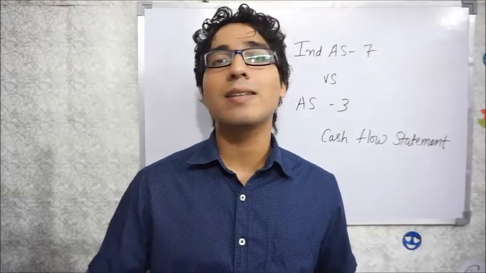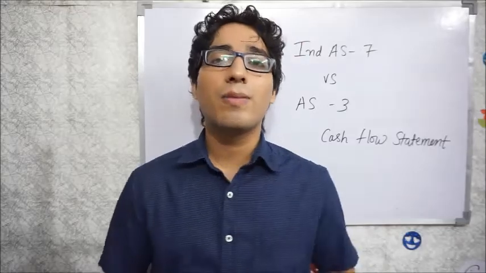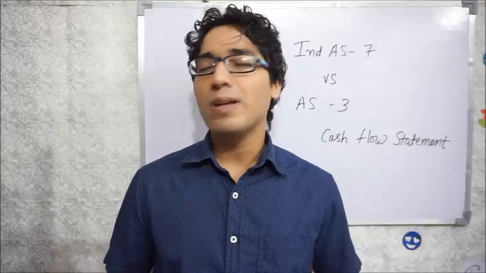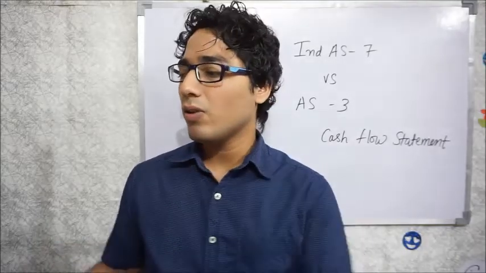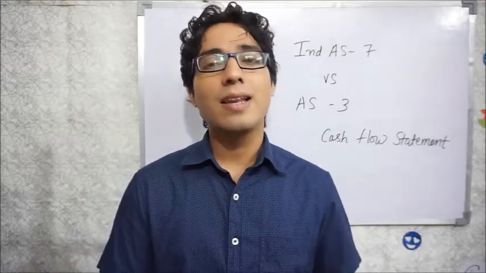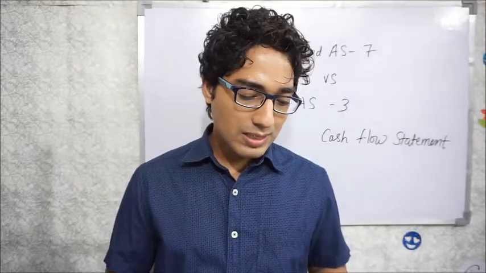Let's take a look at what exactly those examples are. If you check paragraph number 17, clauses B, C and E are the examples which have been added into Ind AS 7. Not much relevant and not much material for you. Just check out the examples so that you get the idea. The next one is not much relevant to you, so you can skip it.